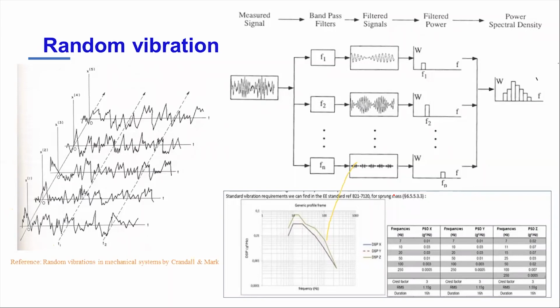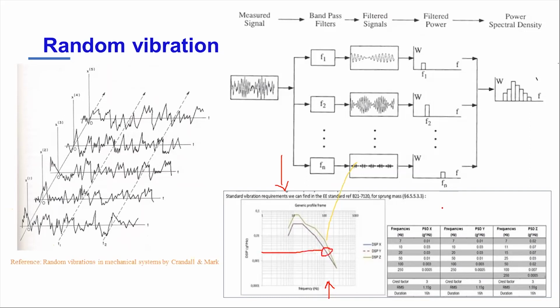Now again, I'll quickly take you through random vibration. Random vibrations are vibrations which have varying amplitude and varying pattern. They are typically expressed in terms of power spectral density. What power spectral density shows you, in layman's language, is for a given frequency, how much energy is given to the component.